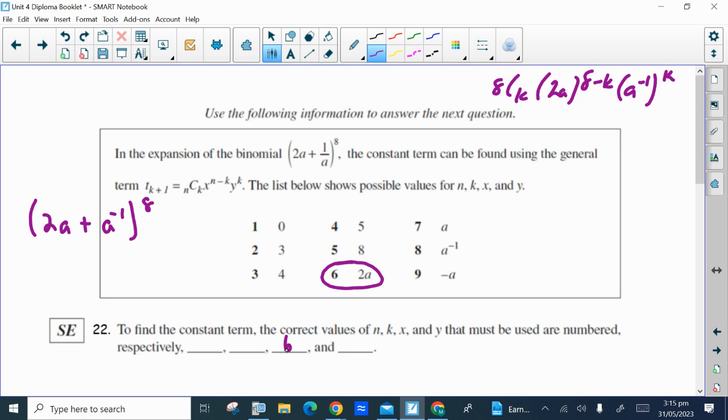X is the third space. That's coded number 6. Y represents the second term of the binomial, which is a to the negative 1, which is represented by code 8. So now we just need to figure out, well, n is 8. Let me see this.